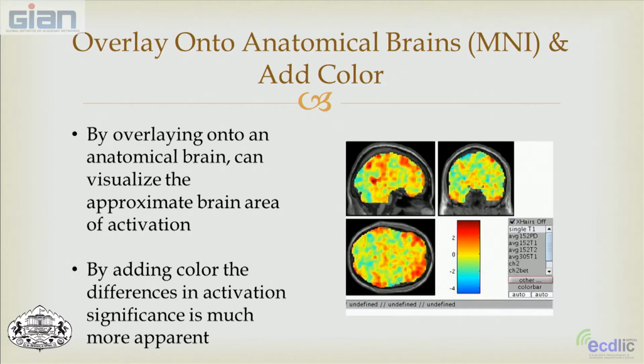Well, the positive values would denote where anger was greater than control. The negative values here would actually denote where control was greater than anger, because it's the flipped effect. So we can see both tails of our t-test here. And by adding color, it becomes much more apparent which areas were actually active during this task. So the darker red colors show the areas where anger would be greater than control.